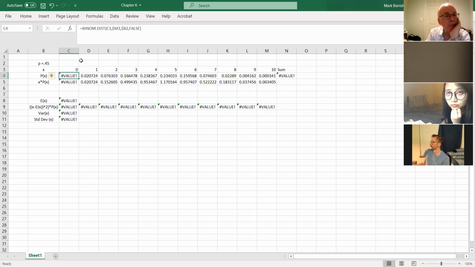Hold on a minute. B2. Oh, B2 was right. And then this number here should be M3, right? M3 is 10. Is it because you put P equals point before the number? Yeah, very good. Thanks for seeing that.